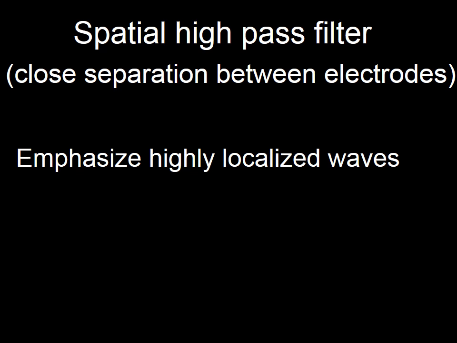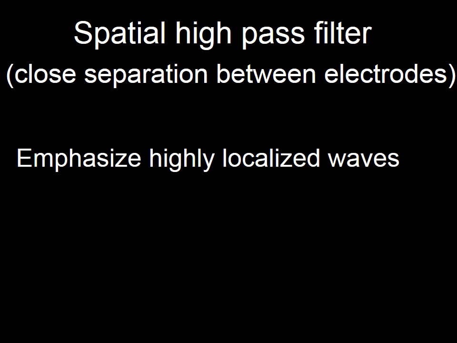Spatial high-frequency pass filters result from placing electrodes close to each other. In an adult, the electrodes can be placed as close as 2.8 centimeters from each other and still get quite relevant information.